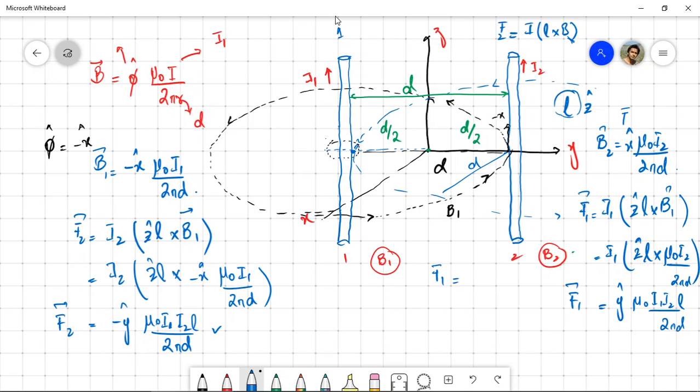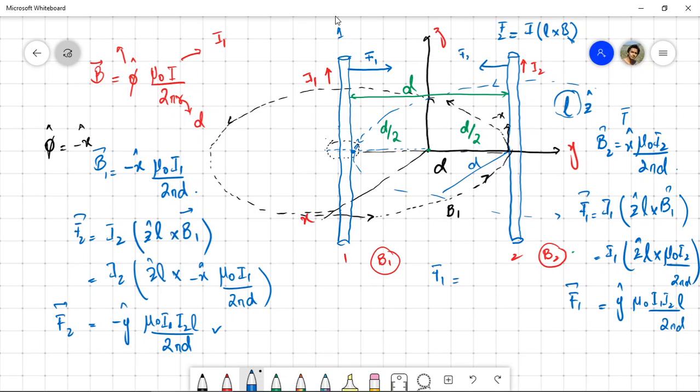If we want to mention these forces graphically, what is the direction of F1? It is in the direction of y. Okay, so the force F1 is in the direction of y. This is the direction of F1, and the force F2 is in the direction of minus y.